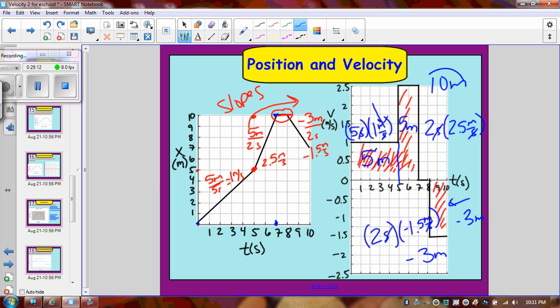So if it's 10 meters for the first 7 seconds, and negative 3 meters for the last 3 seconds, since there was no change in position here, that means the total displacement overall for the whole 10 seconds should be 7 meters. And let's see, is that where we ended up? Yes, it was. So we were able to figure out the change in displacement from the velocity versus time graph.